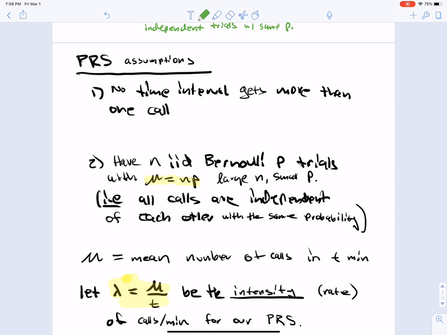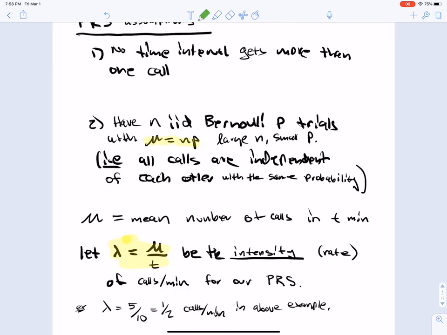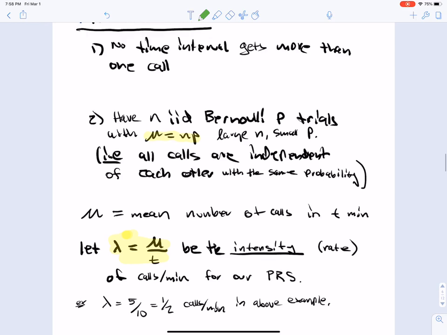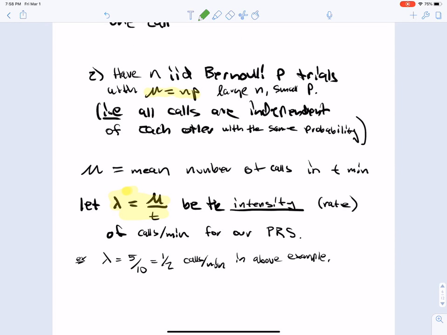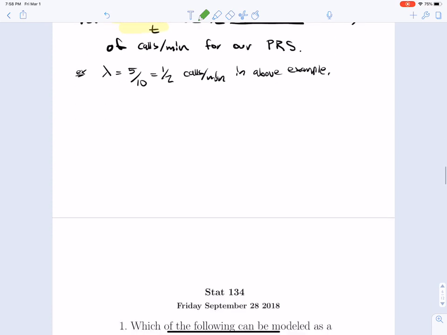In other words, all calls are independent of each other with the same probability. So mu is the mean number of calls in t minutes. Let lambda be mu over t, the intensity or rate of calls per minute for a Poisson random scatter. For example, lambda is 5 over 10, or 1/2 calls per minute in the above example.